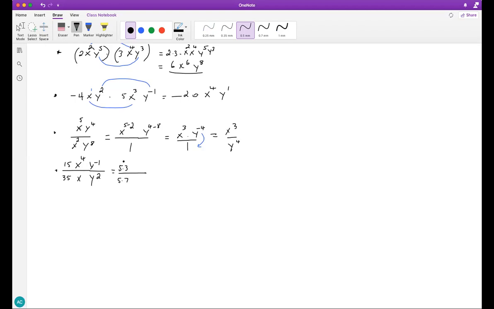And later we're going to cross out the 5. The fraction turns into 3 over 7. And what do you do with x4 over, what's the power of this x again? 1. So x4 over x1 would be? 3. That's right, x4 minus 1.